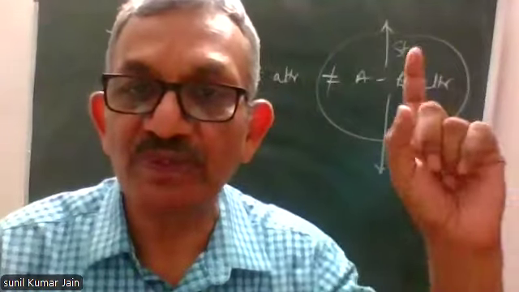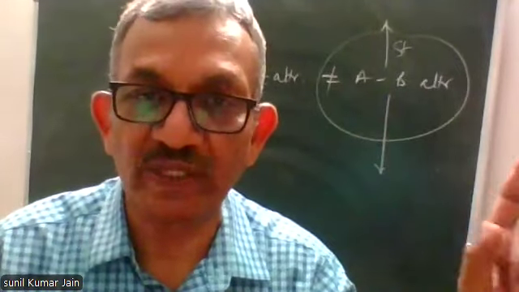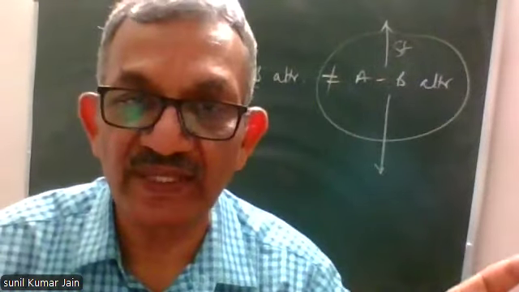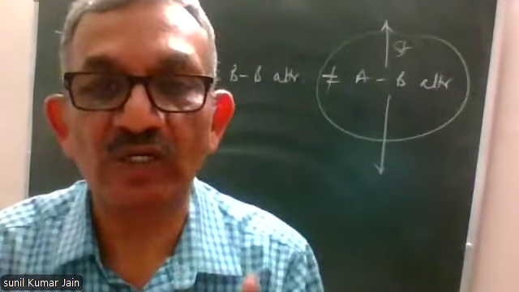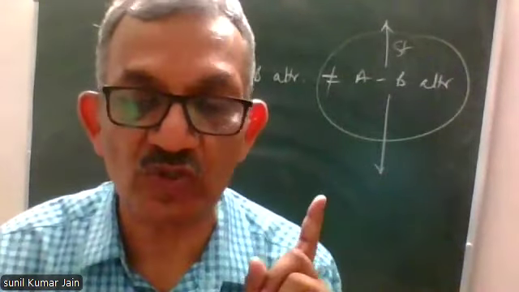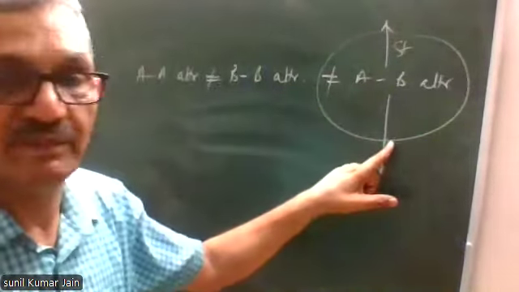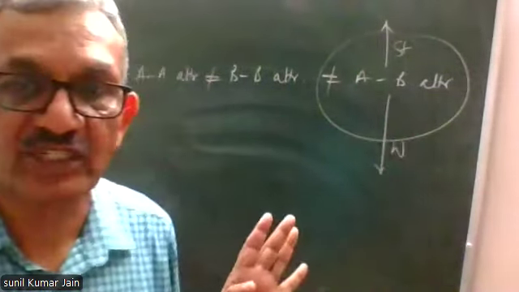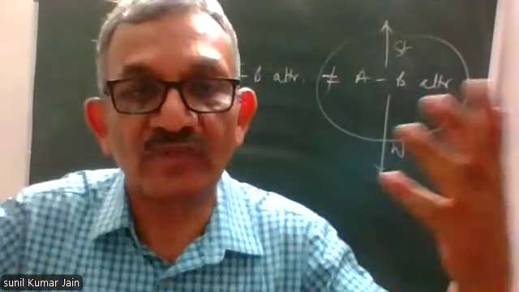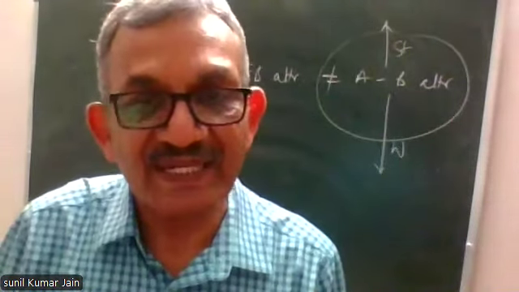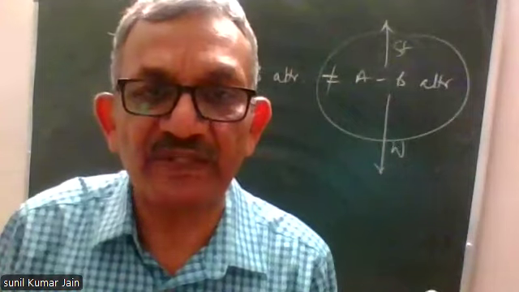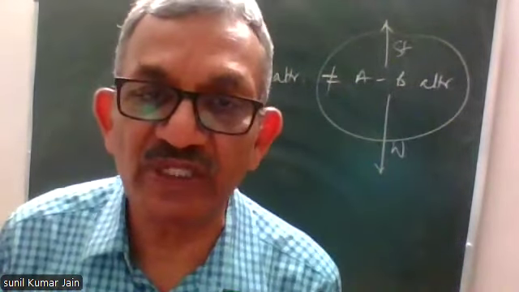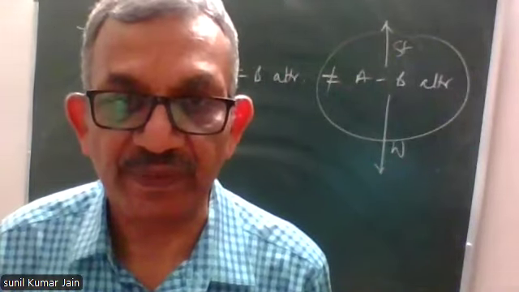So if new attractions between A and B formed are stronger than initial attractions, tendency to form vapors will decrease. This will be called a negative deviation from Raoult's law. And the other will be opposite. If new attractions formed are weaker than initial attractions, then tendency to form vapors will be more. That is, vapor pressure will be more than the expected value. In that case, we call it positive deviation from Raoult's law.